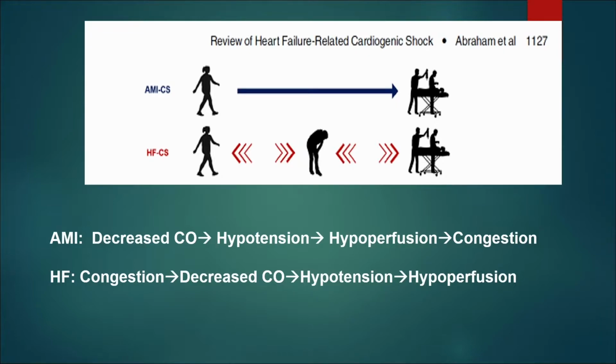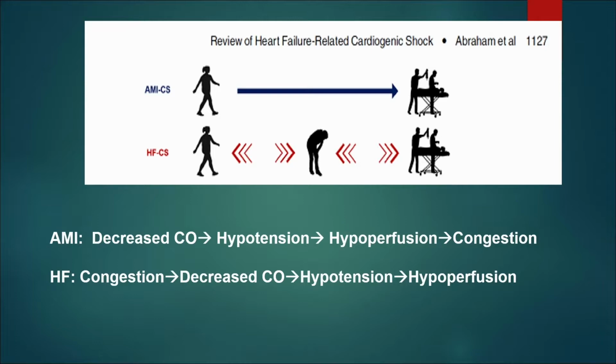While in heart failure-derived cardiogenic shock, people existed with congestion for months or years, and decreased cardiac output might not be an overnight but a gradual event. And then hypotension comes, and then hypoperfusion comes. So again, our goals or priorities may be different depending on what variety of cardiogenic shock we are dealing with hemodynamically.